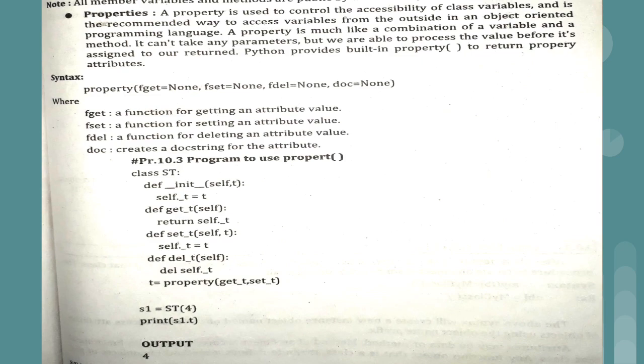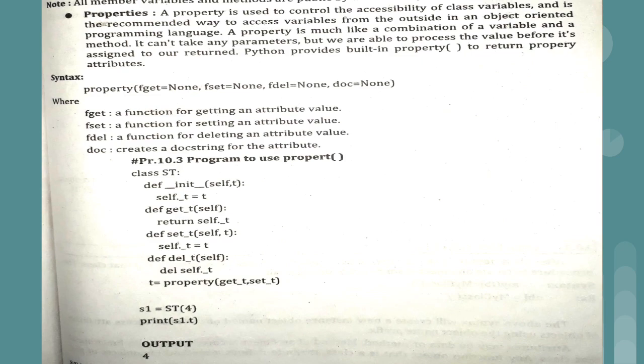Then I have created one more function, del_t, just to delete the value of the _t variable. So like that we actually have 4 functions inside the class st. First one is the constructor, second one is the get method to get the value of the attribute _t, and then we have the set_t method, which is used to set the value, or we can say assign the value to the attribute _t, and the last one is deleting the attribute value by using the del_t method.